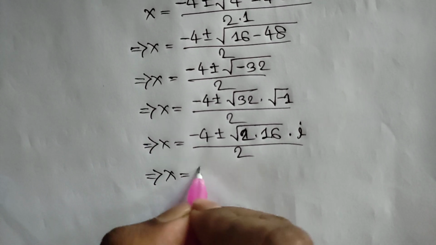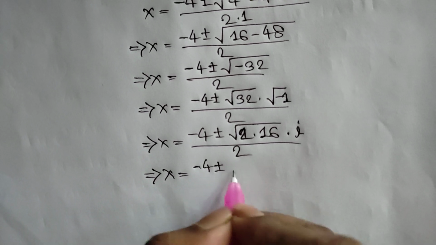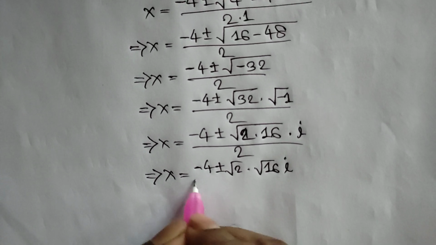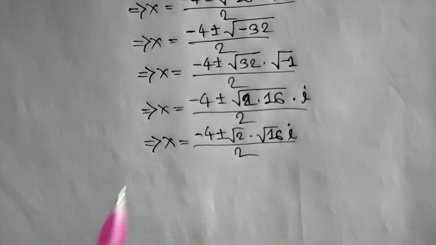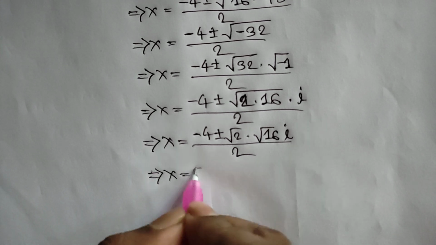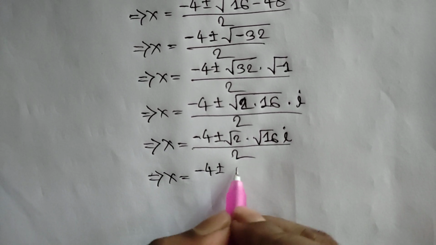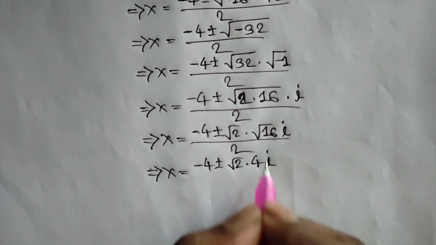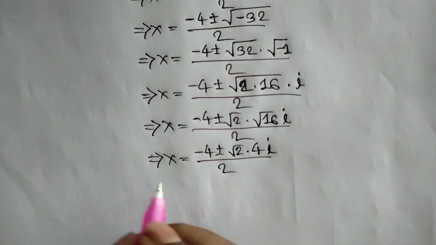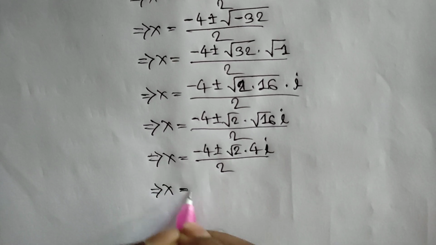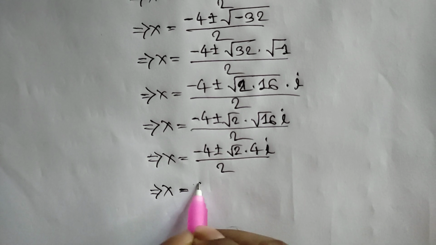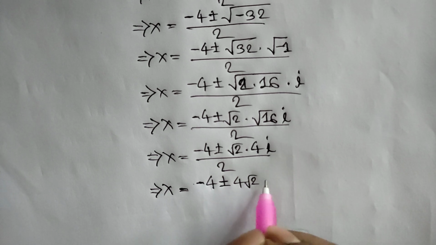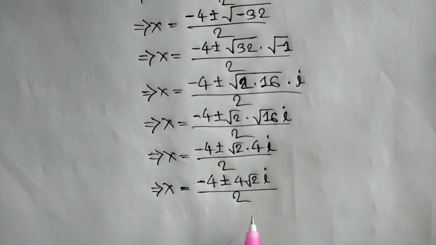Or x is equal to minus 4 plus or minus square root of 2 times square root of 16 i over 2, or square root of 2 times 4 i over 2, or x is equal to minus 4 plus or minus 4 square root of 2 i over 2.